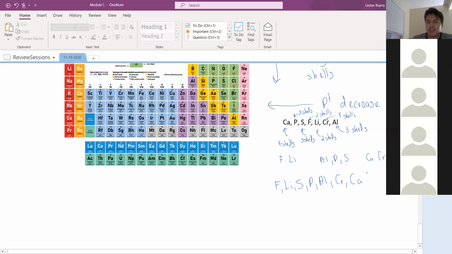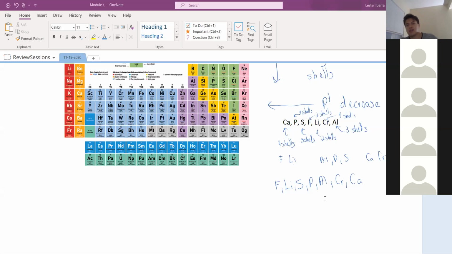So then the biggest one should be calcium. So whoever has more protons is smaller, right? Whichever has more protons would be smaller. Yes. So that's basically the reasoning behind this.